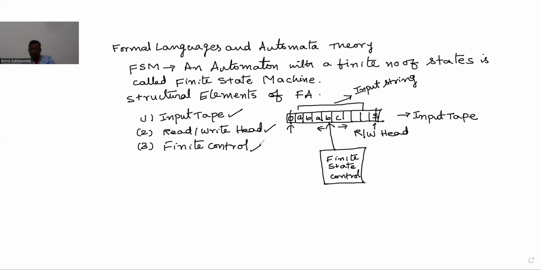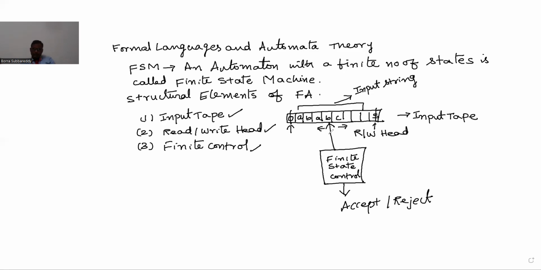Coming to finite state control. Sometimes we call it finite control also. The finite state control is responsible for controlling the total functioning of the machine. It decides whether the input string is accepted by this machine or rejected by this machine.